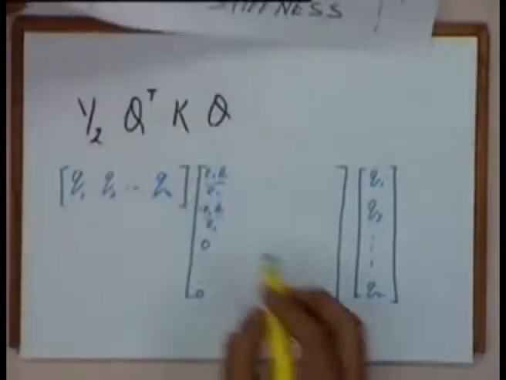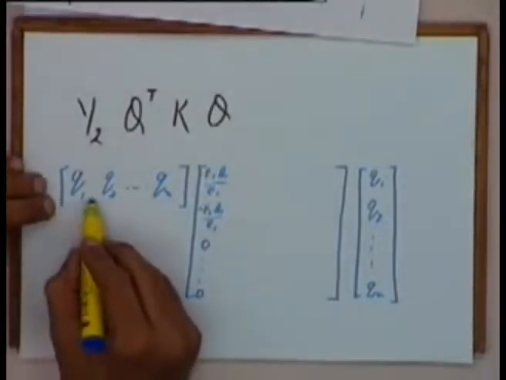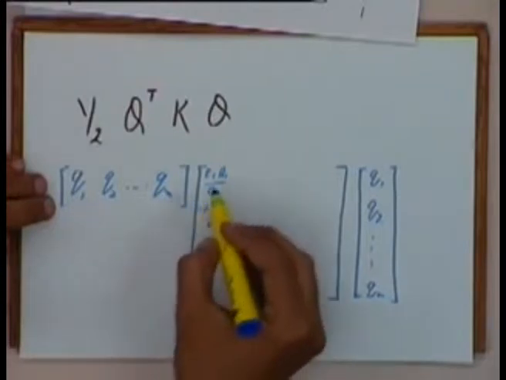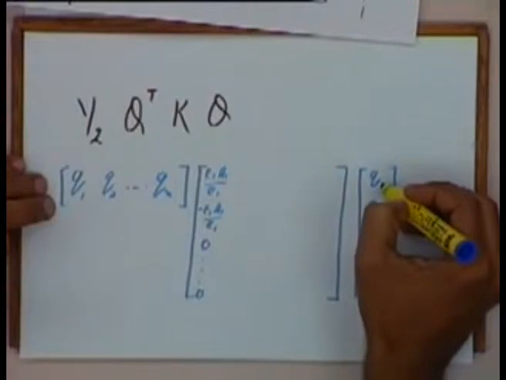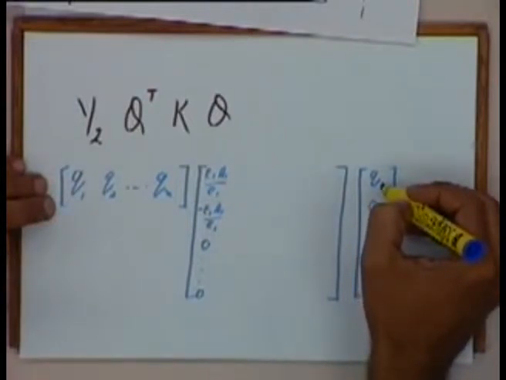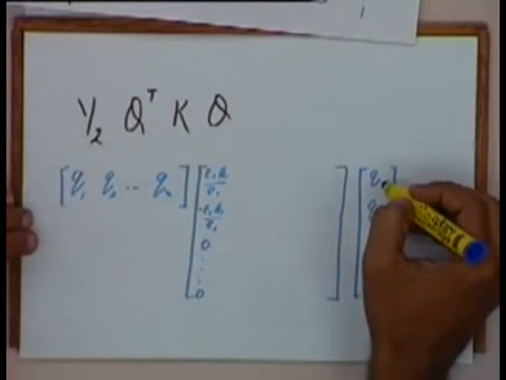And then the product of this row with this column is going to be multiplied by Q1. You have to look at this operation slightly carefully.